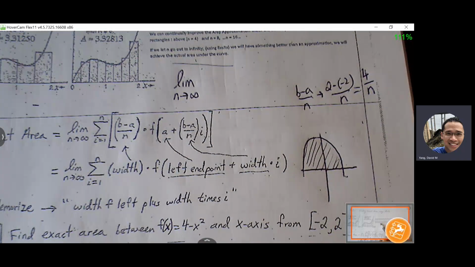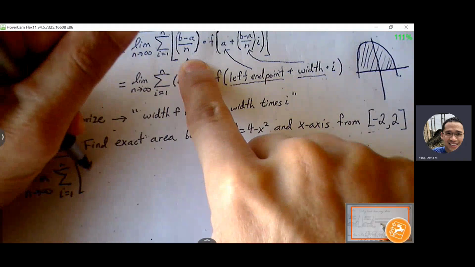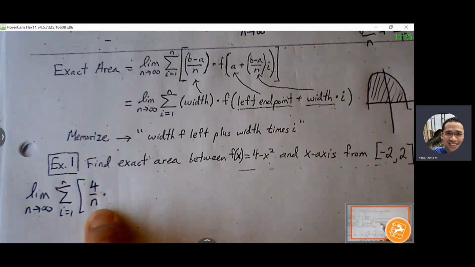Again, it doesn't feel as nice as before because before we could just say, oh, the width is 2 or the width is 3, but now we have to hold on to that extra variable, 4 over N. So I'm going to just represent that width as 4 over N.